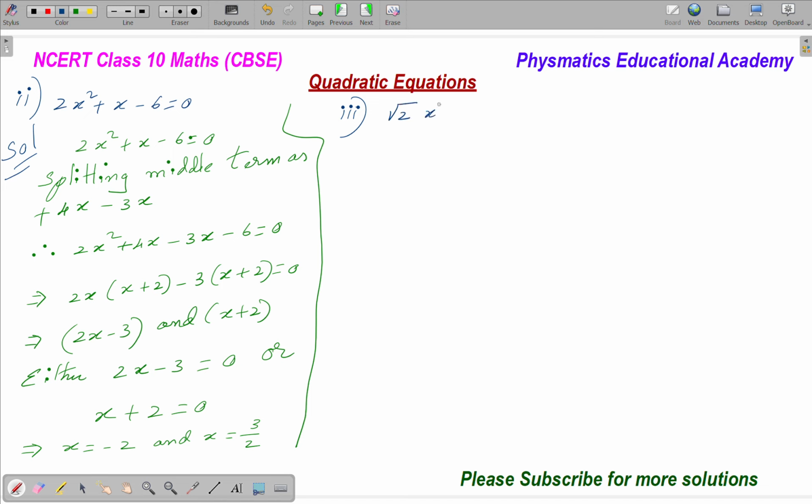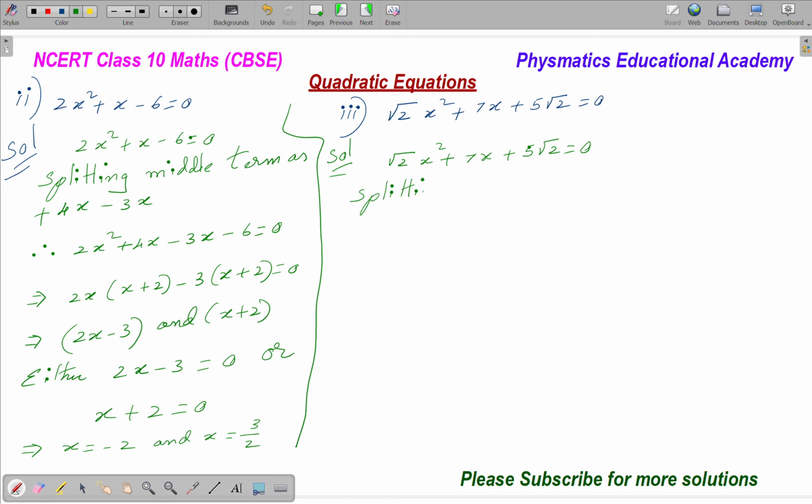So we write root 2 x square plus 7x plus 5 root 2 is equal to 0. According to the given question, root 2 x square plus 7x plus 5 root 2 is equal to 0.